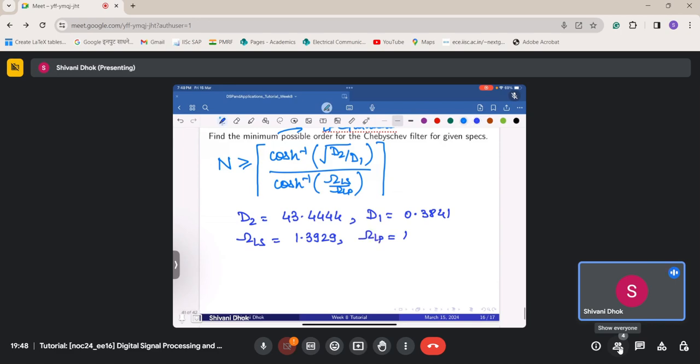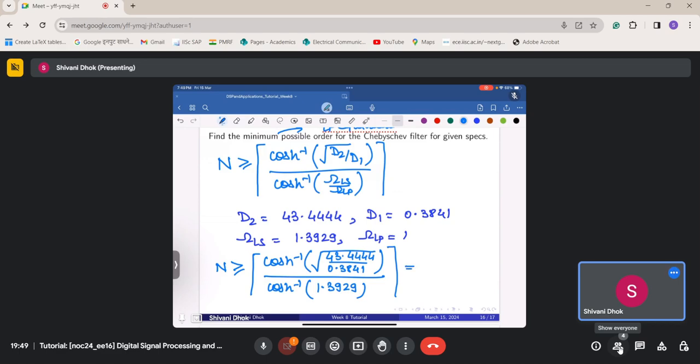Now if we substitute it here, n is greater than or equal to cosh inverse of under root of 43.4444 upon 0.3841, divided by cosh inverse of 1.3929 divided by 1. Using calculators, this comes out to be 3.0551 upon 0.8597.